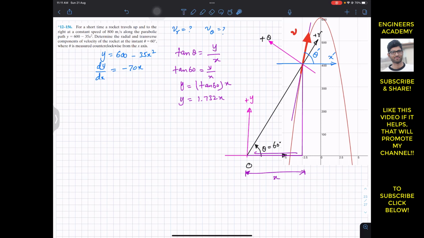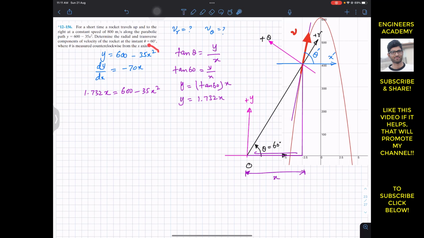So now if I plug in this y as a function of x in this equation, that will give us the x value where the rocket is located when the radial axis is making a 60-degree angle with the horizontal. So if I put this in this equation, 1.732x, since y is 1.732x, equals 600 minus 35x squared.